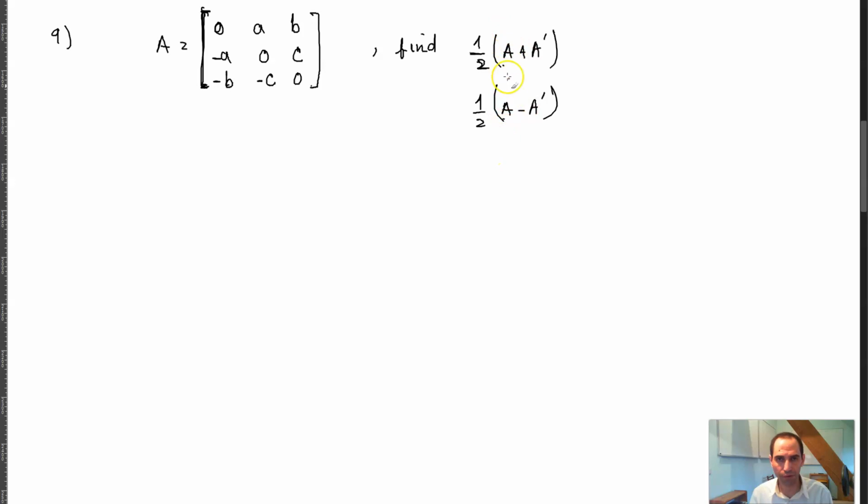And you know that both of these two matrices, I mean, this matrix would be a symmetric matrix, and this matrix would be a skew symmetric matrix.